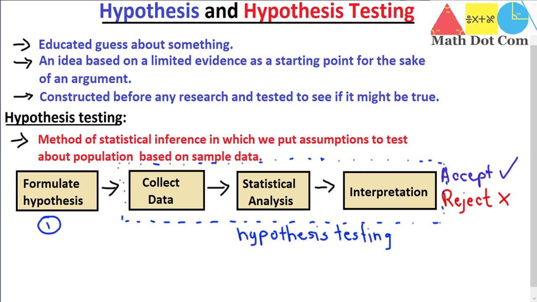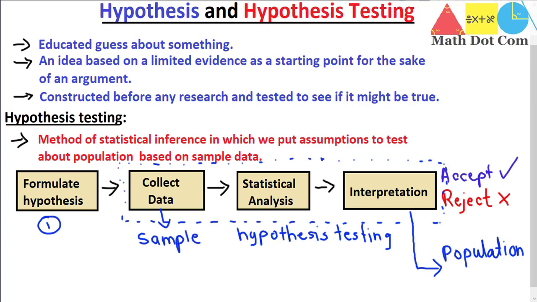So hypothesis testing helps you to make inferences based on the sample data that you have extracted from the population, and then you analyze the data and make the interpretation, and then you apply that interpretation back to the population. So this interpretation is applicable to the population, and the data that you collected was a sample from the population.